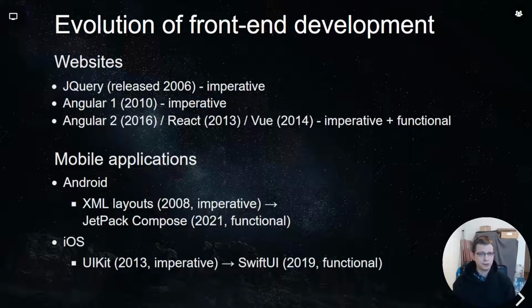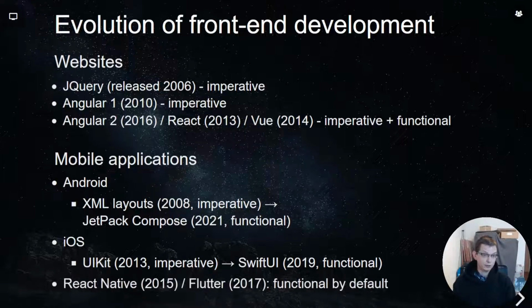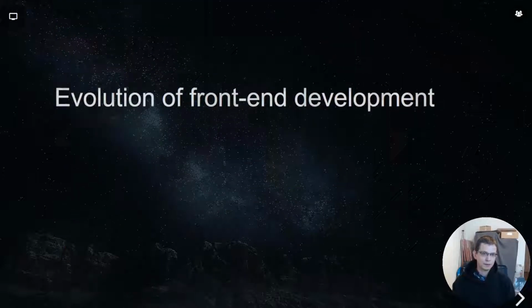Same in iOS development. UIKit, released in 2015, was imperative, which was transformed into SwiftUI in 2019, which is functional. And things like React Native or Flutter, released in 2015 and 2017 respectively, are functional by default.